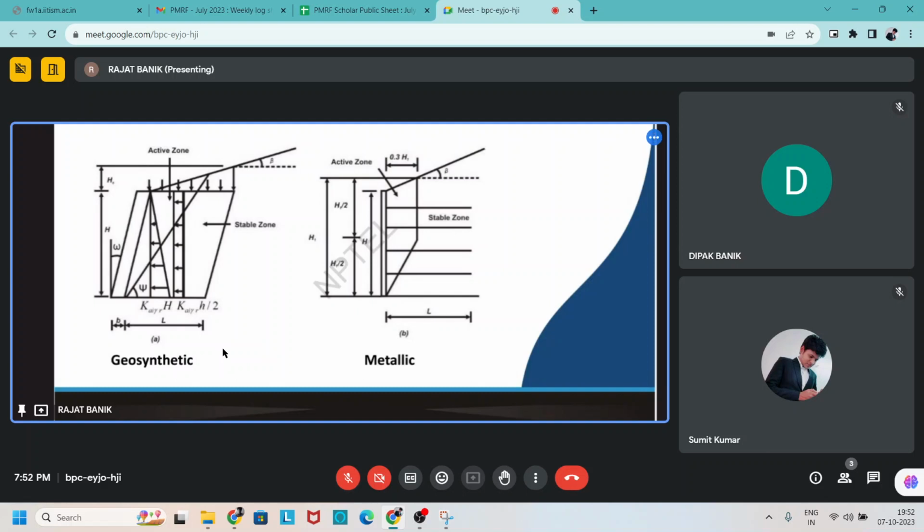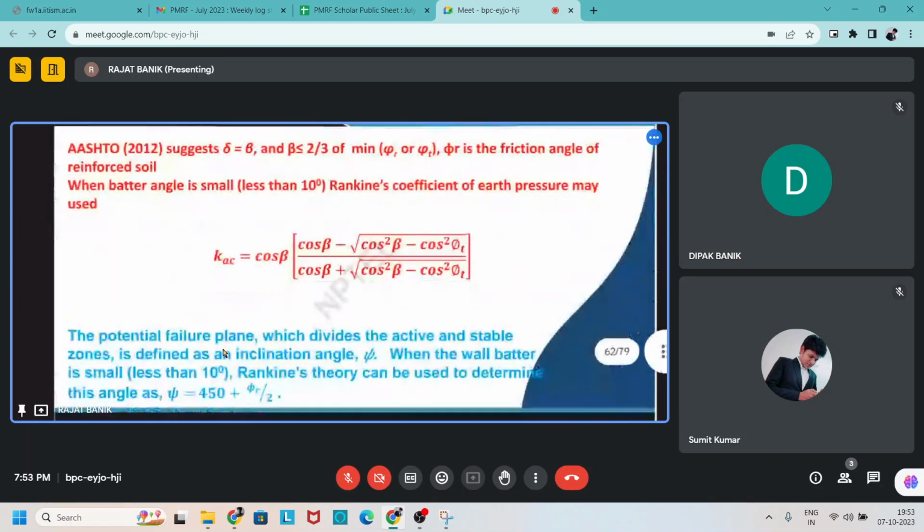We can see the pressure distribution diagram for geosynthetic material: at top it is 0, there is some value that is K gamma H by 2 like that, and for the other material at top it is 0 and at bottom it is 0, and the width is 0.3.